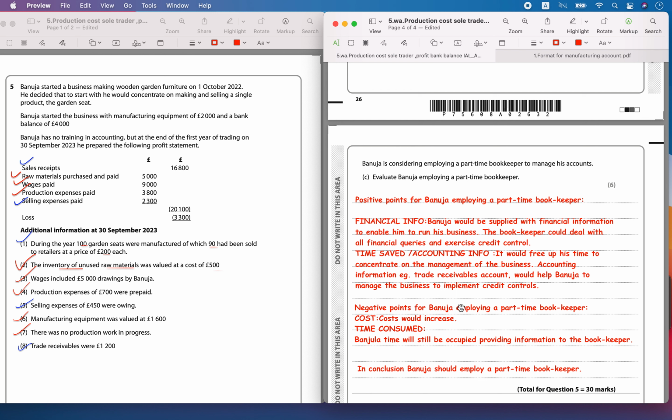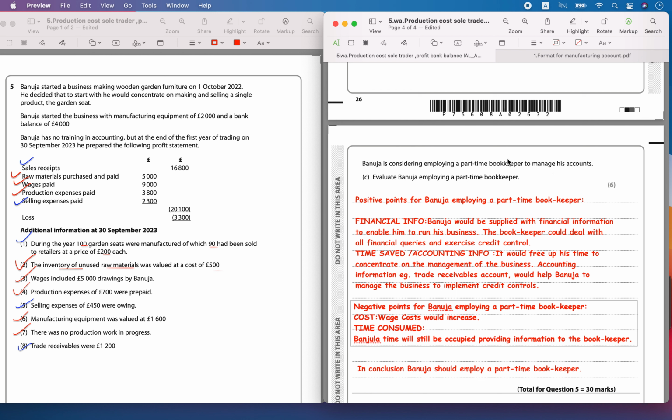Then the negative points for Banuja employing a bookkeeper are that there will be a cost involved because he will have to pay the wage. Wage cost will increase. If he prepares the accounts himself, it will not incur that cost.